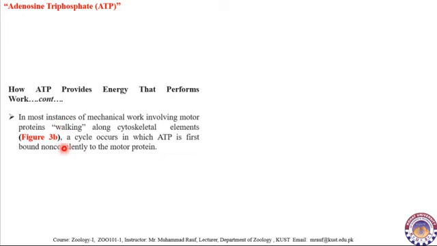Now, in most instances of mechanical work involving motor proteins walking along cytoskeletal elements, a cycle occurs in which ATP is first bound non-covalently to the motor protein.